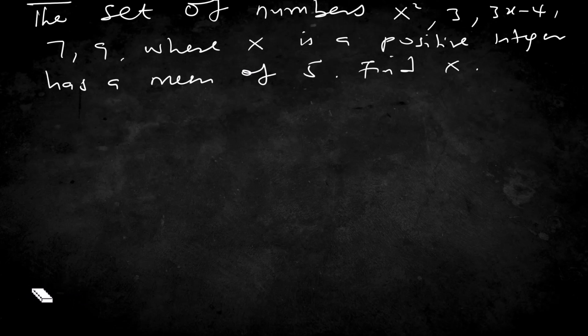All right, let's look at this question. We are still under mean. The set of numbers x squared plus 3, 3x minus 4, 7, 9, where x is a positive integer, has a mean of 5. Find x. Remember, the mean is given by the summation of x over the total number.